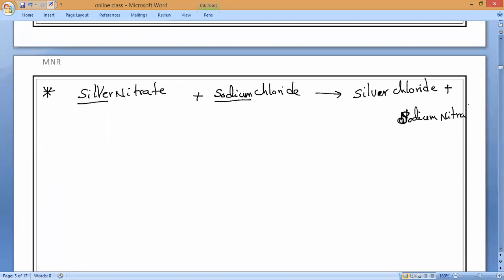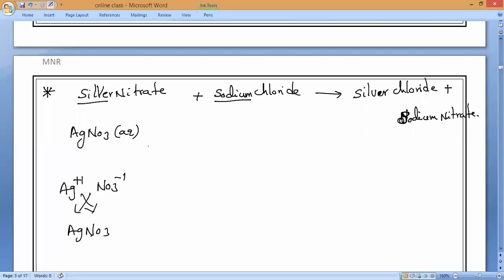Everybody write it. First, silver nitrate. What is the formula? Ag, AgNO3, in aqueous state, because the formula is Ag plus 1 and NO3 minus 1.